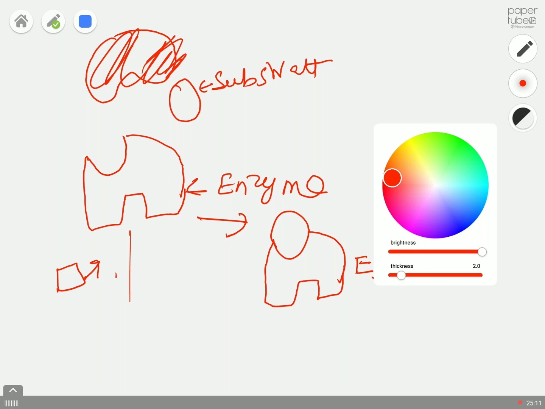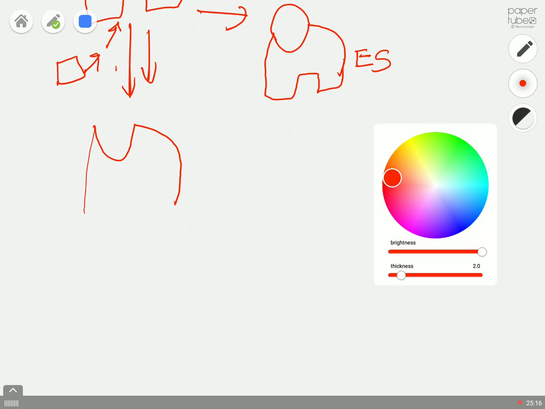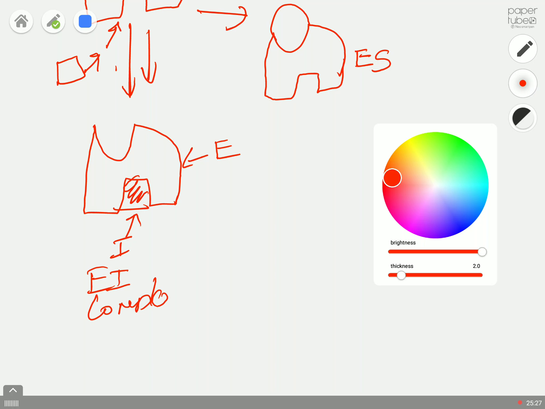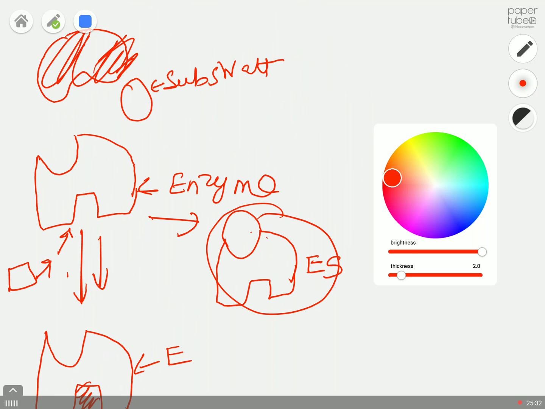So it can bind to the enzyme here. So this is your inhibitor, this is your enzyme. So this is your enzyme inhibitor complex. And this is your enzyme substrate complex, this part.